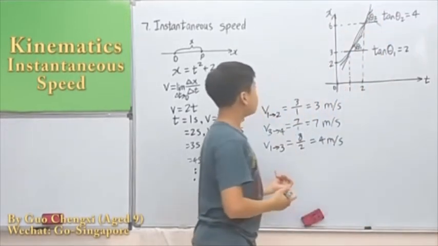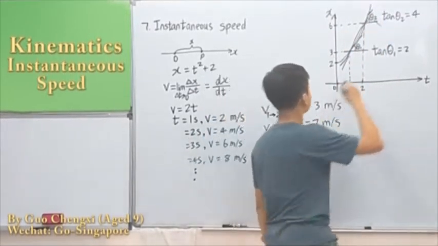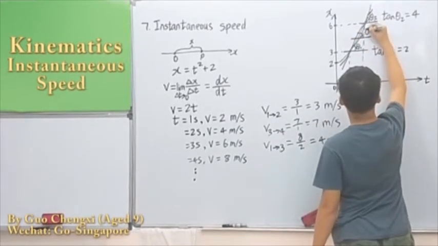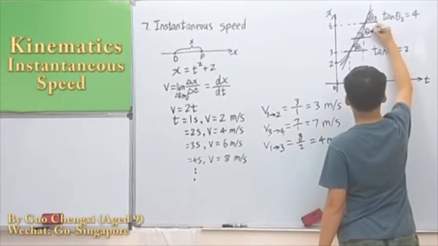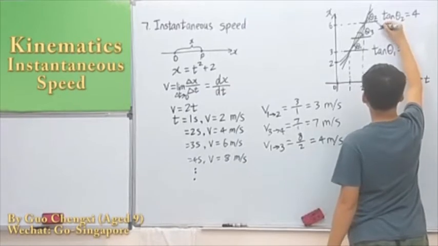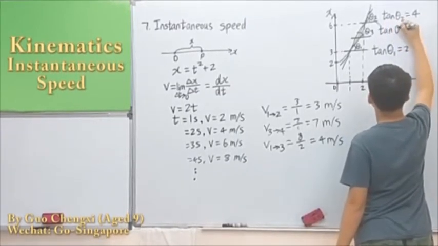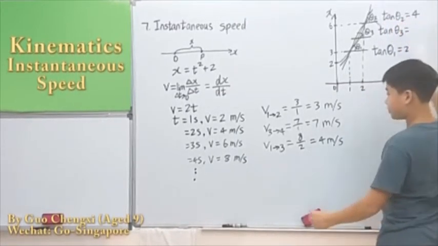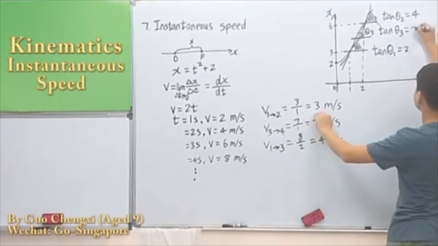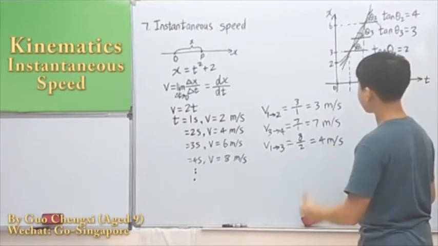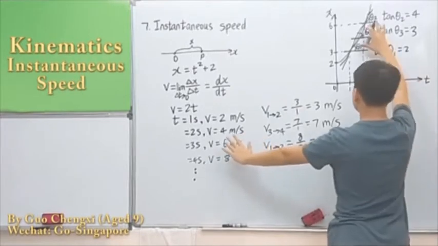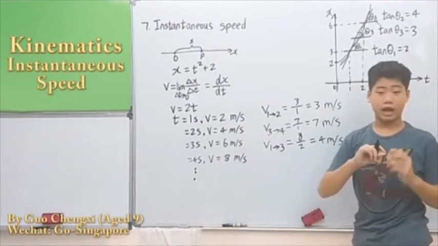Now we still find the tangent. Let's say here, this would be theta 3. Then the tangent of theta 3, so it is from 1 to 2, here you get 3. So that means this first part over here can represent the tangent lines.